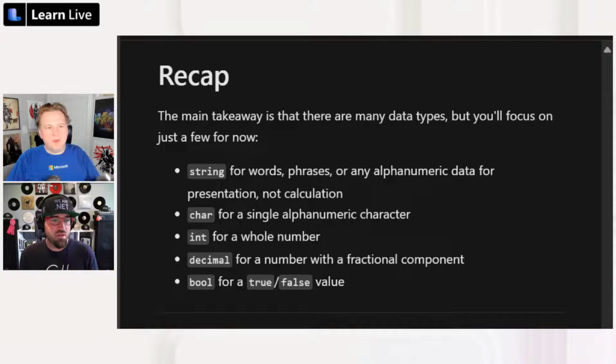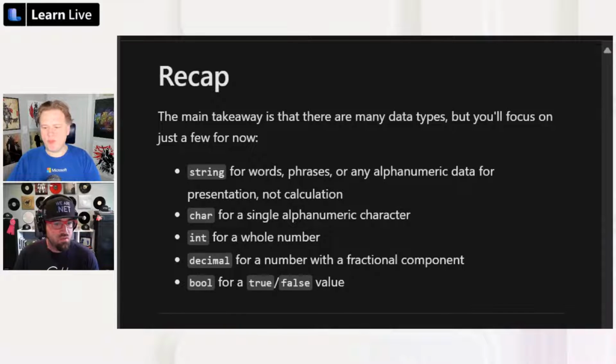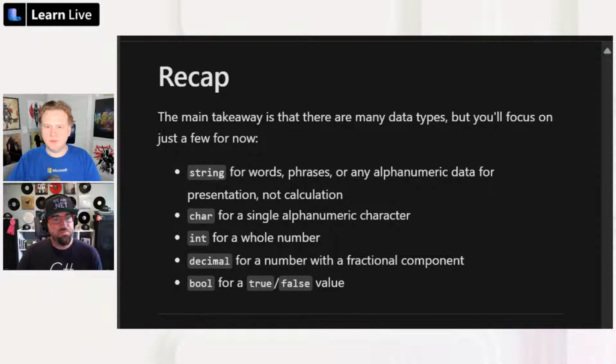So we can use string for words and phrases, and those can be represented as a string literal. We can use char for single alphanumeric characters, int for whole numbers, decimal for a number with a fractional component, and bool, which is just short for Boolean, for true or false values. Cool.